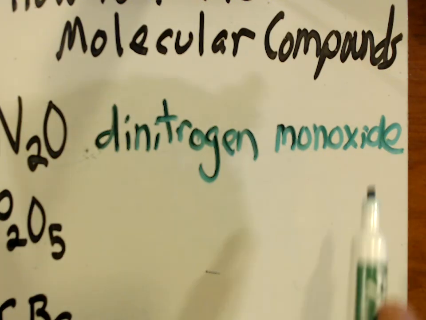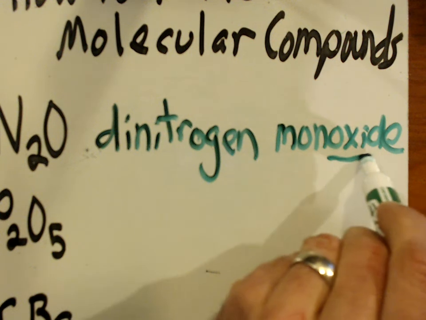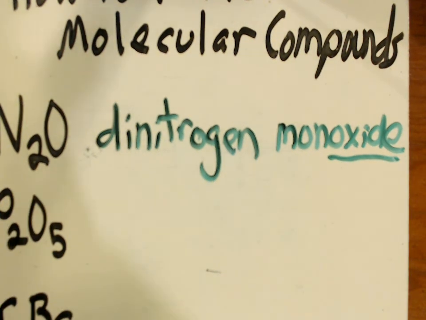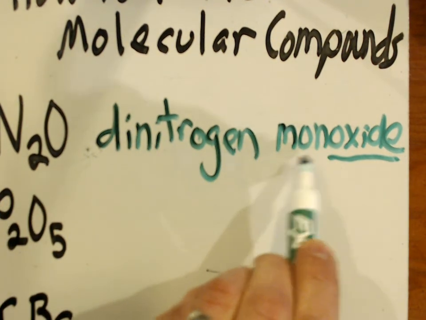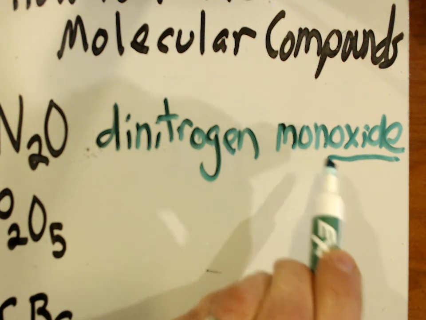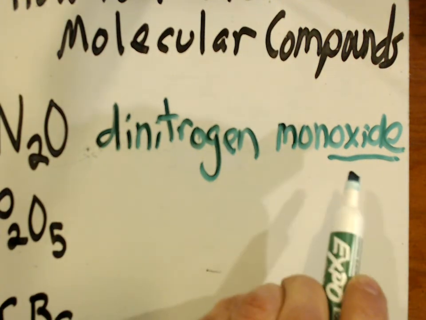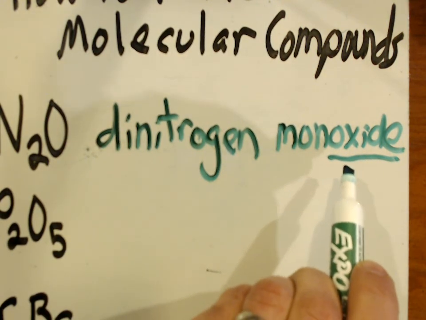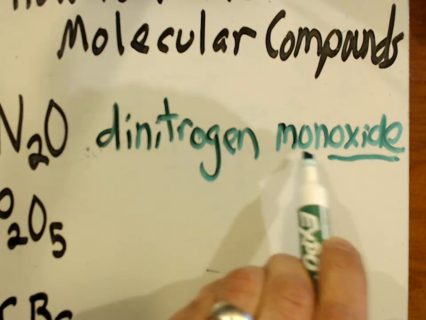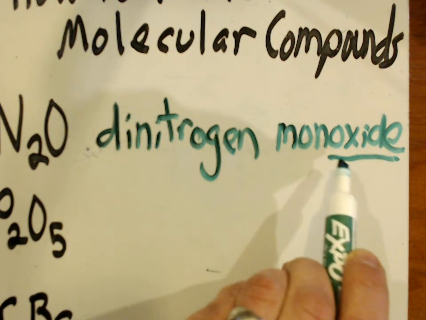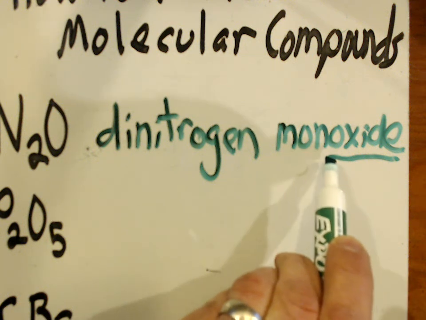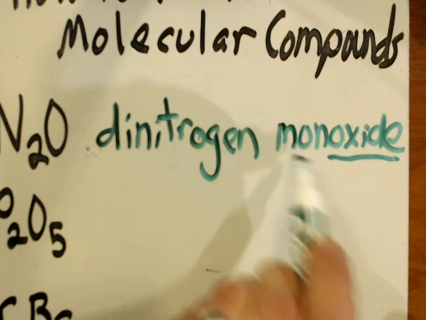Now you might have noticed something: I do have the word oxide in here, which represents oxygen, but the prefix I added was mon instead of mono, which was shown in the last video. What's going on there? Well, in all cases, when you put a prefix before oxide, it is best to drop the vowel that ends the prefix.